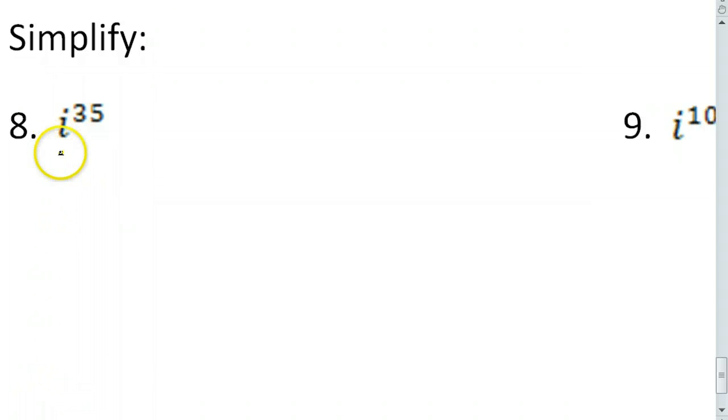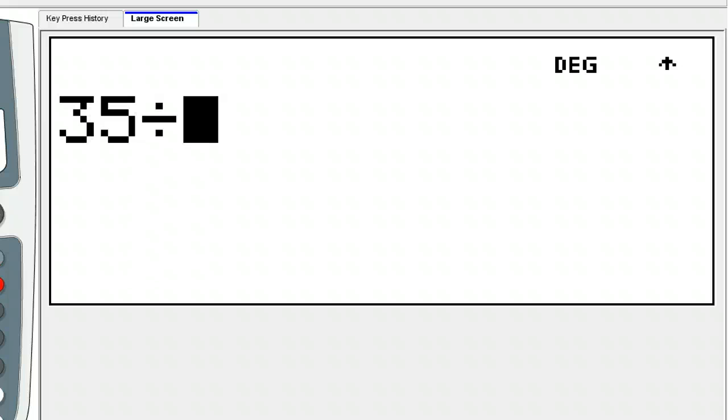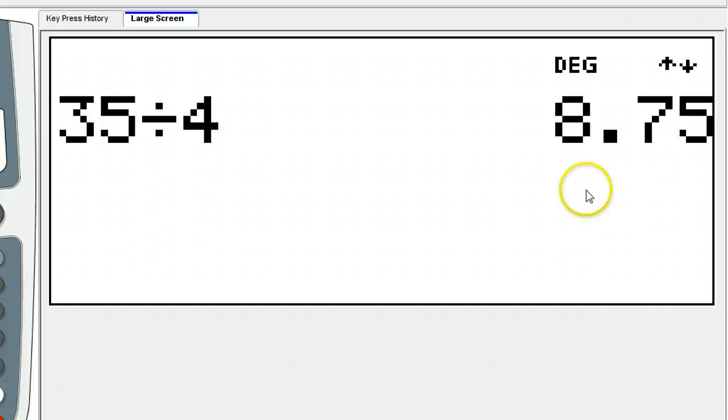If I want to see what i to the 35th power simplifies down to, using this shortcut, just take 35 and divide by 4 and see what you get. I get 8.75.